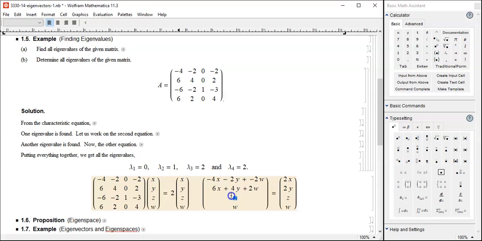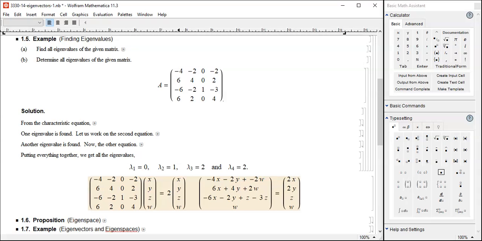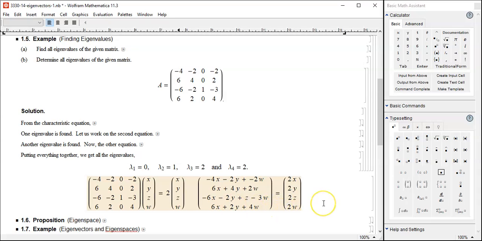Next, minus 6x minus 2y plus z minus 3w is equal to 2z. And then finally, 6x plus 2y plus 0z plus 4w is equal to 2w. Is everything correct here? Okay, all right.